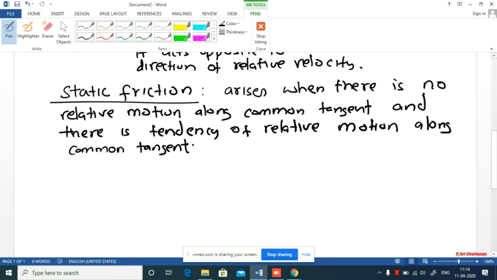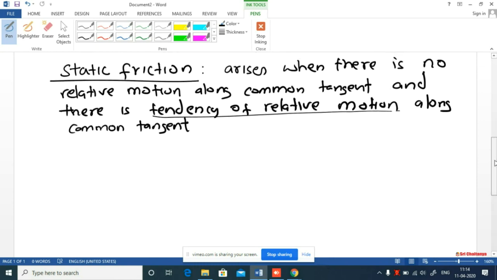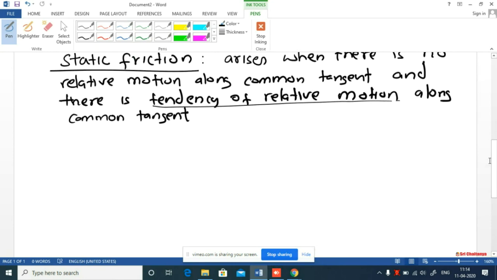Again, you know that in physics every term has to be mathematical. So just like relative motion meant relative velocity, what do we mean by tendency of relative motion? I'll write it because we are doing a revision, otherwise I would normally write it after the example. We'll understand this more clearly with the examples.